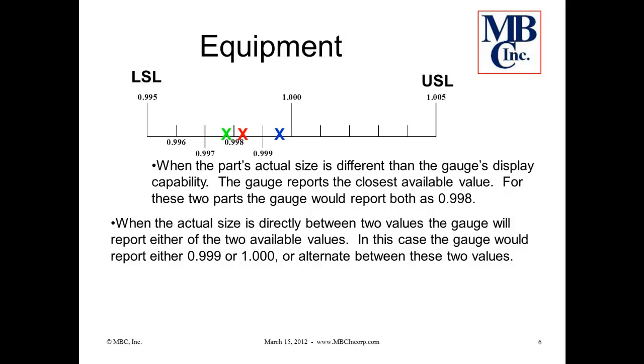When the actual size is directly between two values, the gauge will report either of the two available values. In this case, the part indicated by the blue X, the gauge will report either 0.999 or 1.000. If the part were measured multiple times, the gauge might well alternate between these two values.